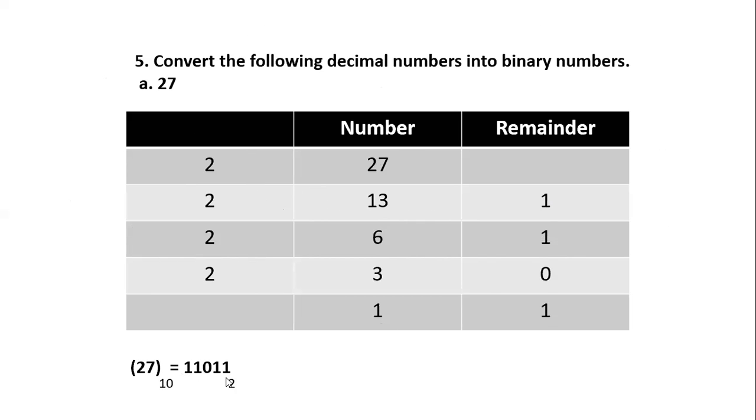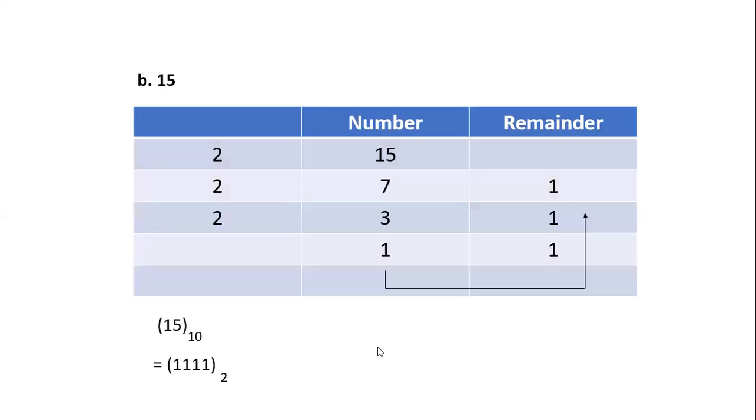The same answer over here you can see. Another example, 15. Keep on dividing this 15 by 2 and writing down the remainders at the side again and again until 1 comes. Now start writing the answer from this 1, 1, 1, 1. 4 ones as an answer.